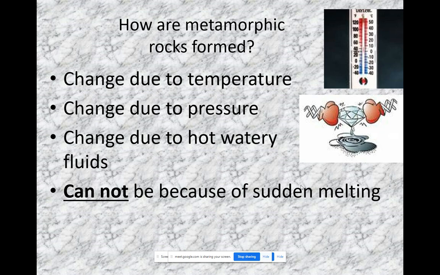because of sudden melting. Why, Blayton, can it not be because of sudden melting? Do you want to phone a friend, Blayton? Or did you give the answer already? Anybody can help him out. Why can it not be because of sudden melting?